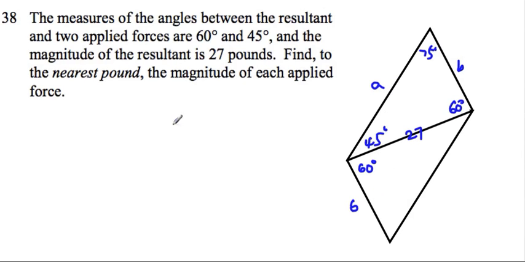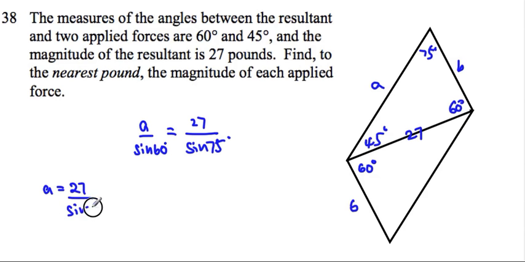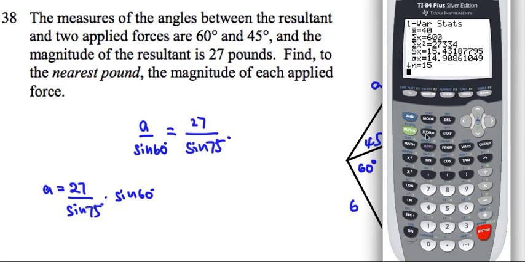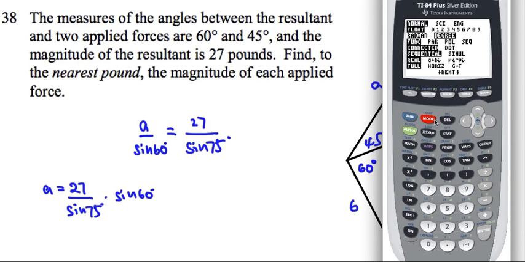So then here, A over sine of 60 must be equal to 27 over sine of 75. I'm talking about degrees. So A must be equal to 27 over sine of 75, multiplied by sine of 60. Let's calculate this one. Mode has to be in degrees, which it is.